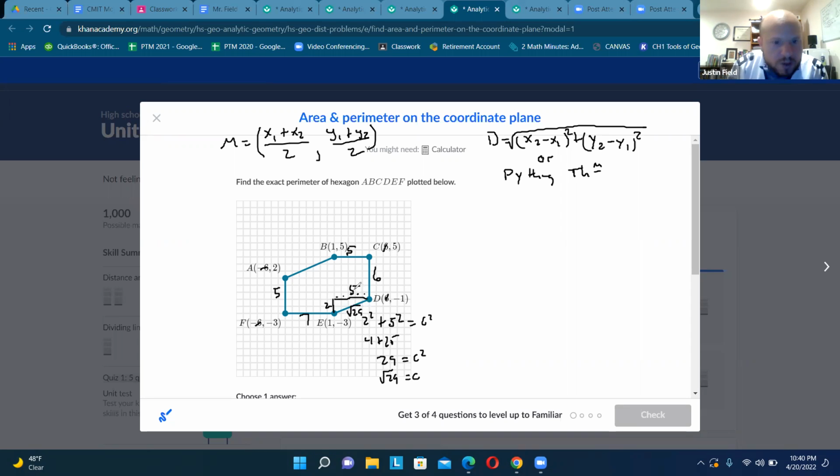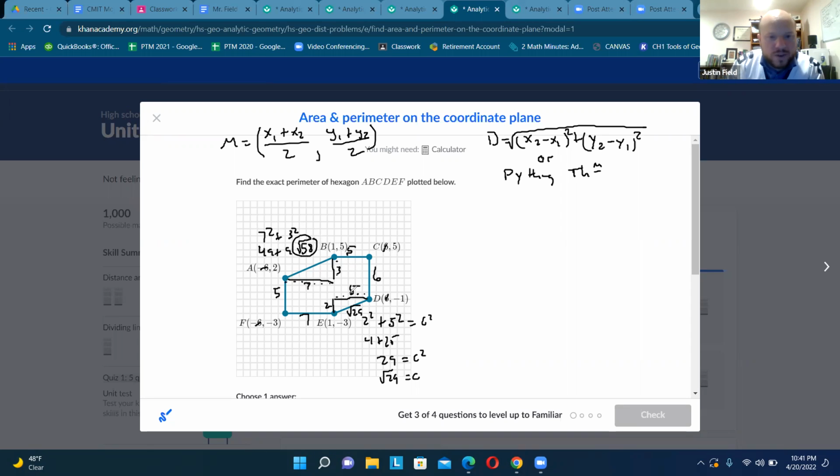Hopefully you're with me. If not, we have another practice problem right here. Another Pythagorean theorem to find AB. So what's the vertical? 1, 2, 3. Horizontal, 1, 2, 3, 4, 5, 6, 7. Quick little Pythagorean theorem. 7 squared plus 3 squared, 49 plus 9 is 58. So it's the square root of 58 there.